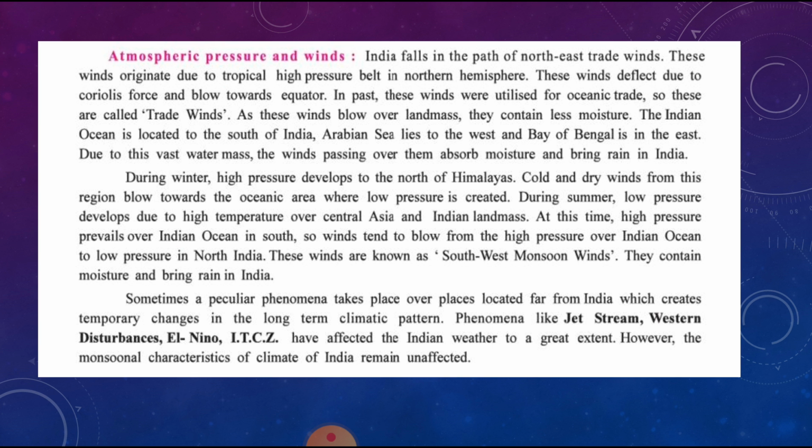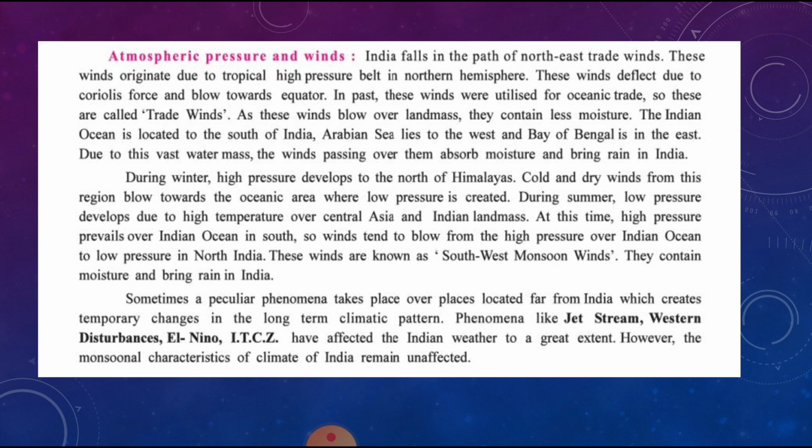As time passes, high pressure prevails over the Indian Ocean in the south, so the wind blows from high pressure over the Indian Ocean to low pressure in North India. These winds are known as southwest monsoon winds, and they contain moisture, which is why they bring rain in India.